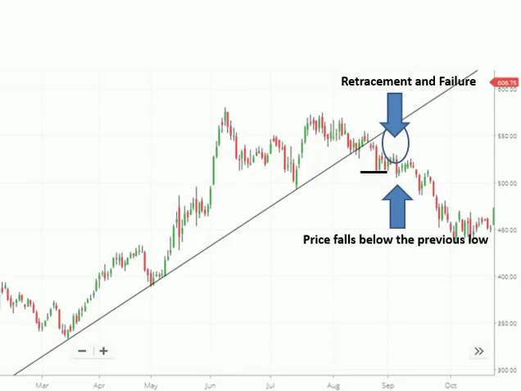We see the price is actually falling below the previous low marked by the black horizontal line. So all my criteria got satisfied, and I can see from mid of September onwards there is a clear downtrend in this counter.